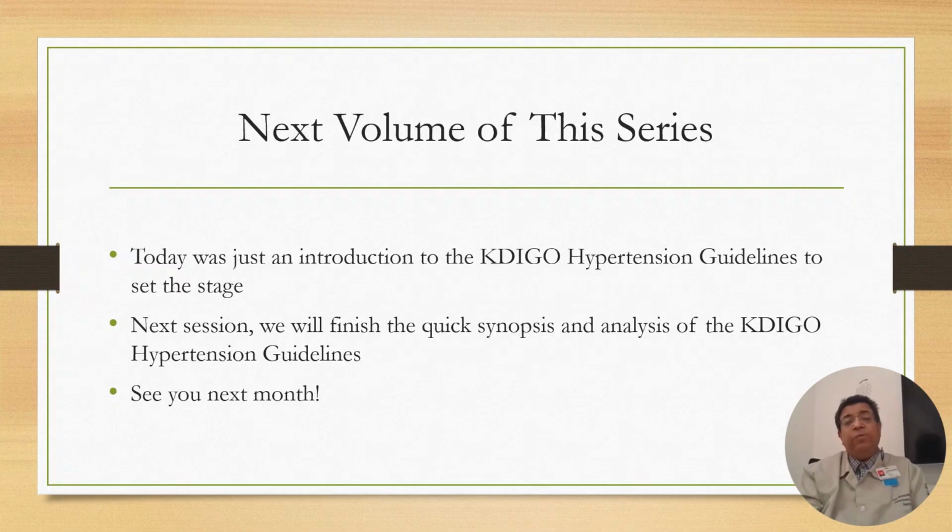So in the next volume of this series, we will go into the KDIGO guidelines themselves, and we will delve into the blood pressure target of 120 millimeters of mercury and why KDIGO wants that target, how is it justified. And it's actually a very interesting, stimulating discussion. Today was just an introduction. Next session will be a full-fledged immersion into the KDIGO guidelines. See you next month.